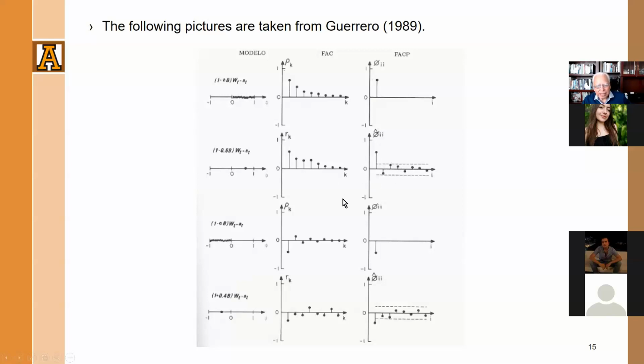So you can see the behavior. Again, these pictures are okay, but they may not be that clear. But you can generate all these models with the script that I gave you, that we used last class, to see how both the theoretical ACF and PACF and the sample ACF and PACF look like for different models.